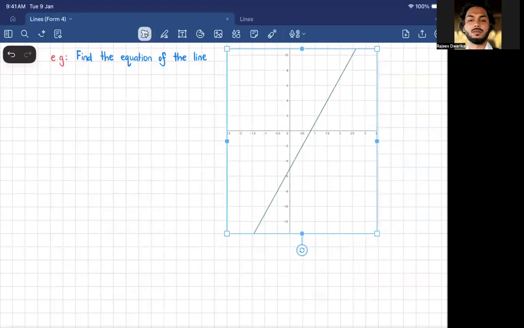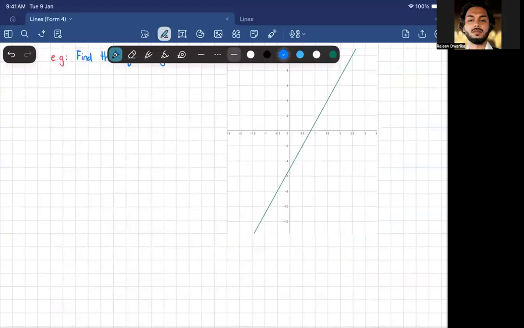Okay. So the very first question, find the gradient. Second question would be find the y-intercept.